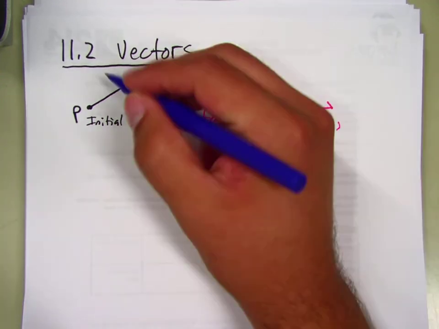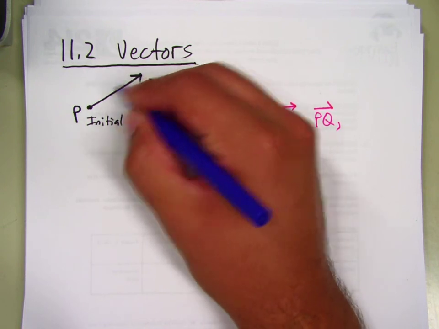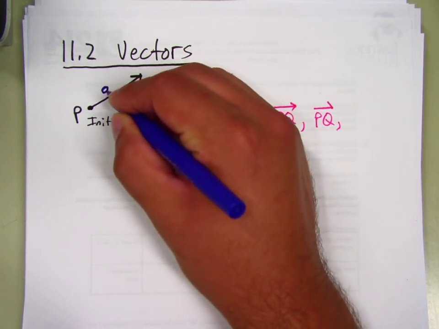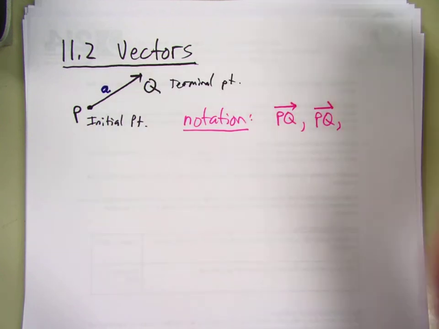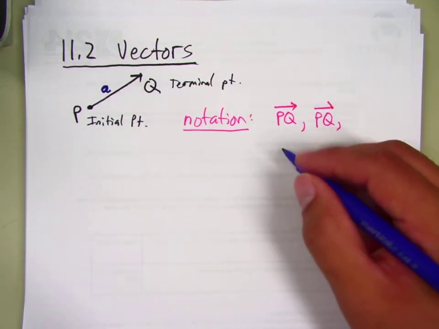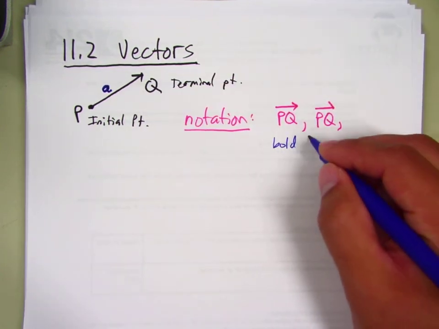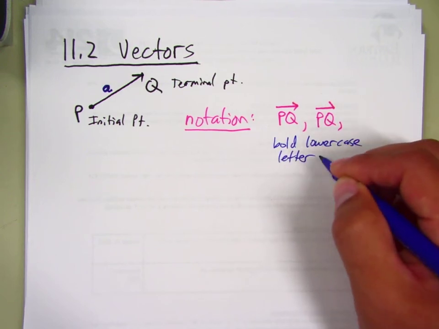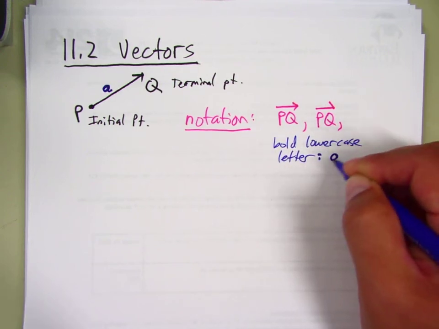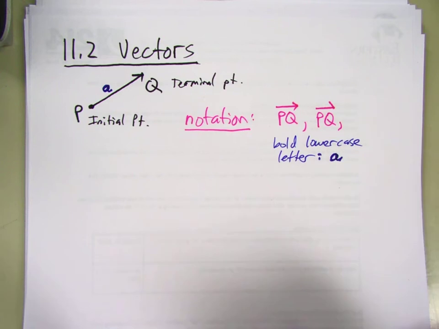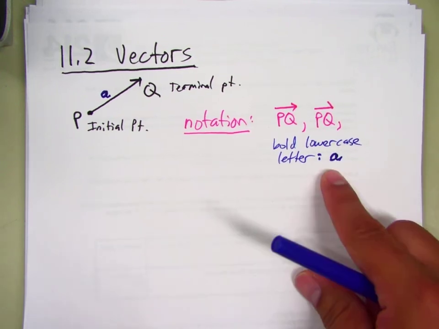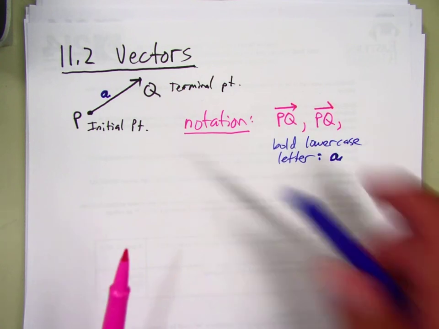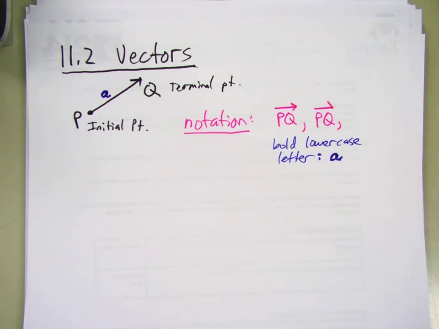Now, you'll also see that sometimes if this is labeled with a smaller, lowercase letter, it'll be a bold lowercase letter in the book. Okay? So anything that's bold or written in this format with starting at P, ending at Q, you need to remember that that is a vector.